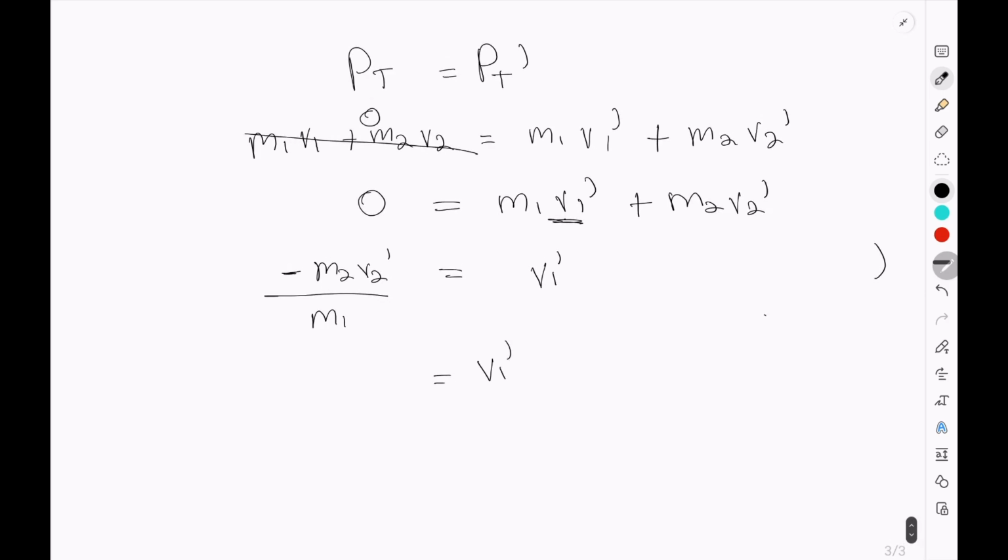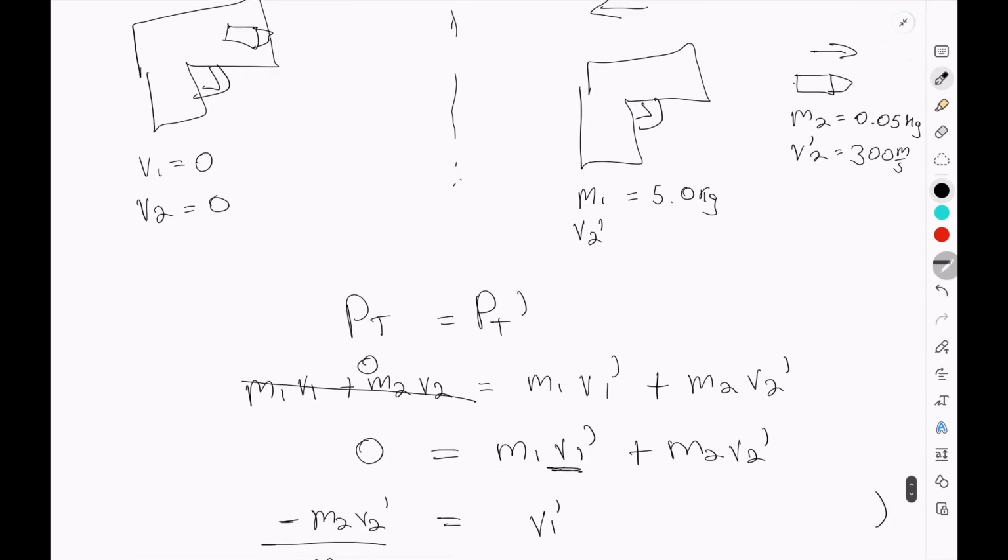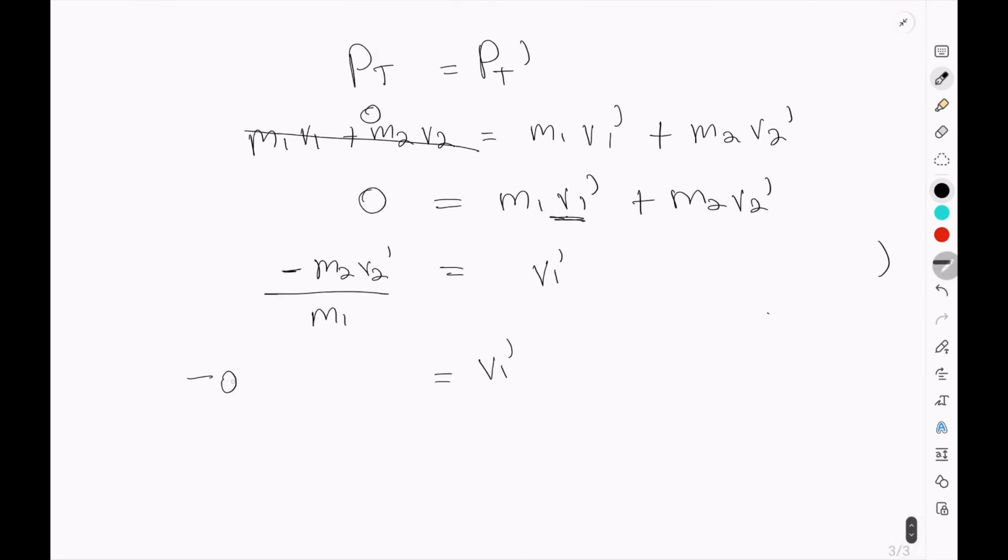So v1 prime is equal to negative m2, the mass of the bullet, which is 0.05 kilograms, times the velocity of the bullet, which is 300 meters per second, over the mass of the gun, which is 5 kgs.